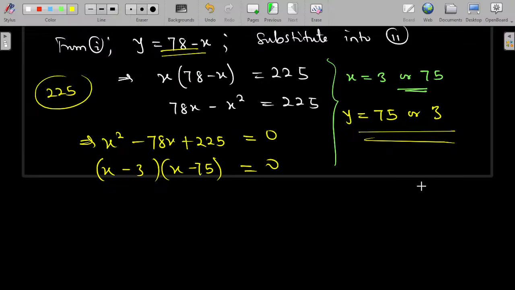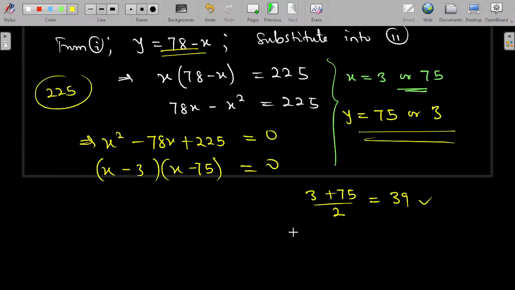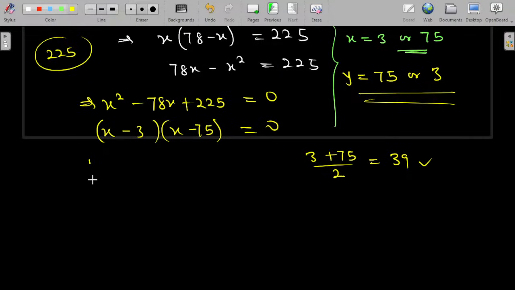And then you can check that if you pick 3 and 75, add them together and take their arithmetic mean, this is going to give you 78 over 2, which is 39. Very correct. So it gives you back that arithmetic mean that we were given originally. And then if you do the other one, geometric mean, 3 times 75, that's going to give you square root of 225, which is actually 15.